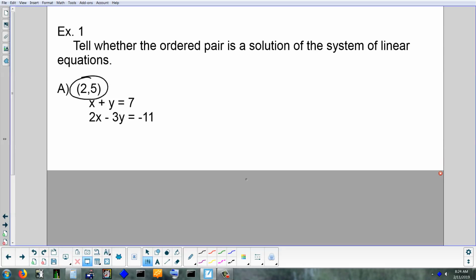And the system that we're going to check is x plus y equals 7. And 2x minus 3y equals negative 11. So how do I check if that coordinate is the answer to both? What do I have to do?